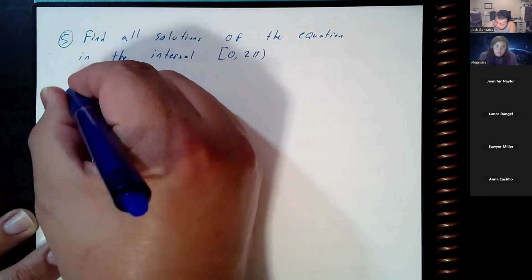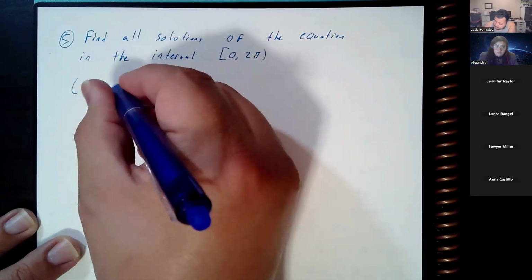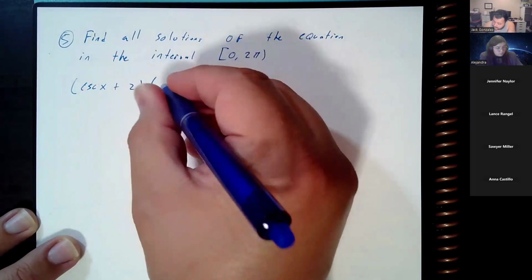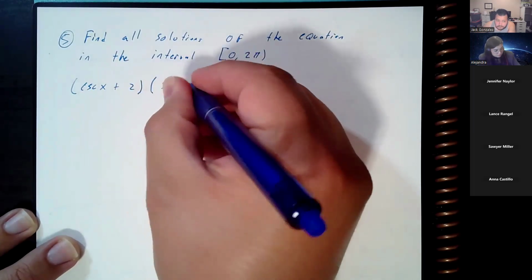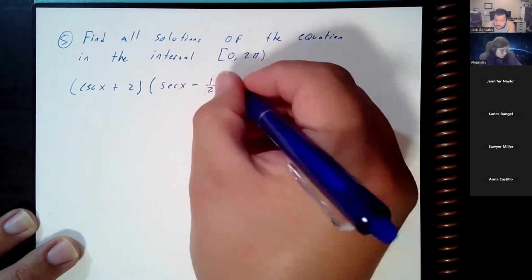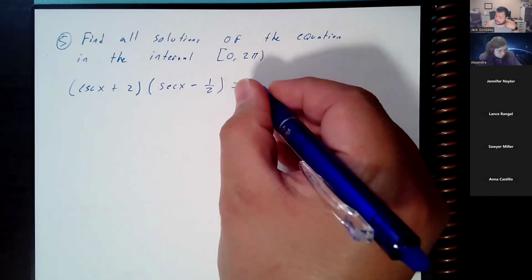Cosecant plus 2 times secant minus 1/2 equals 0. So what would y'all do for this one?